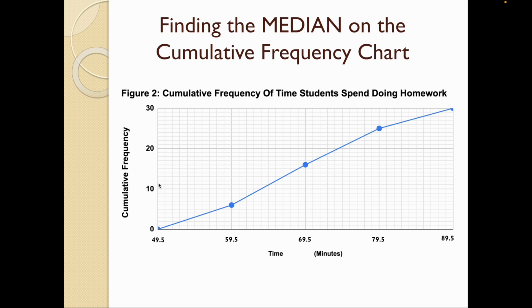So we go 10, 11, 12, 13, 14, 15. We come across by 15, and then we go down. I know that this is 59.5, then 60.5, 61.5, 62, 63, 64, 65, 66, 67, 68.5. So my median is 68.5.